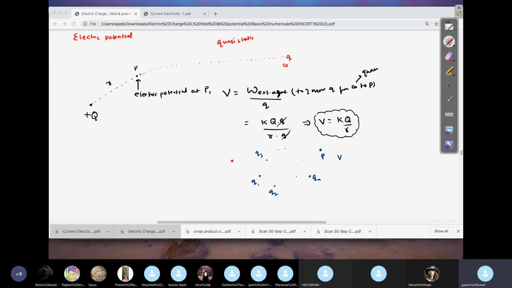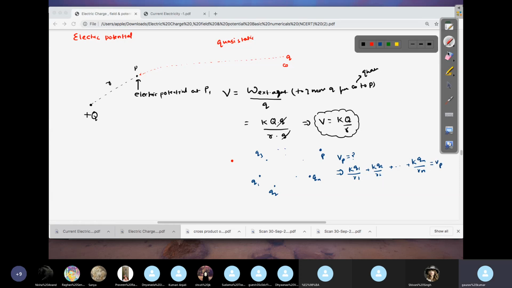What you can do is calculate the electric potential due to all charges individually and add them. So the answer you get here is kQ1/R1 plus kQ2/R2 up to kQn/Rn.